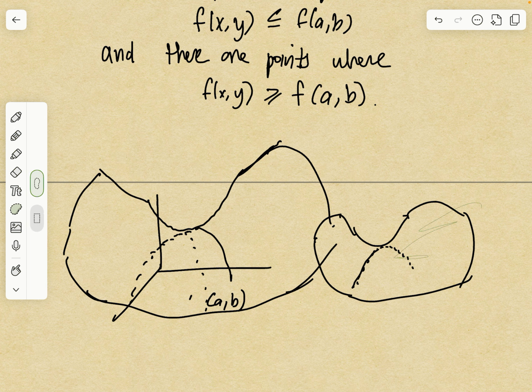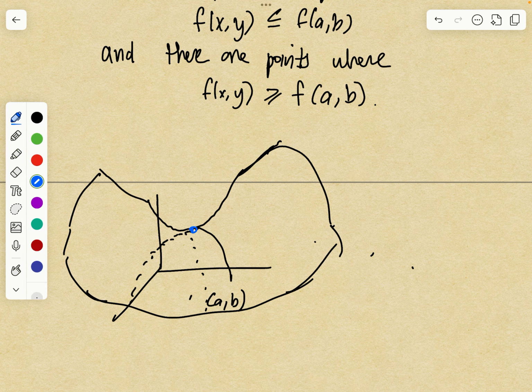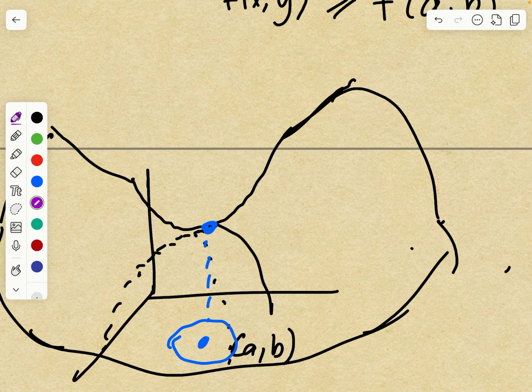Okay, I was just trying to draw a smaller one. So you have something like this, where you have a point here above this point a b, and if you look at the immediate vicinity of a b, if you look at the points, say here, maybe the points above it are like this, and then you have z values that are bigger than f of a b.